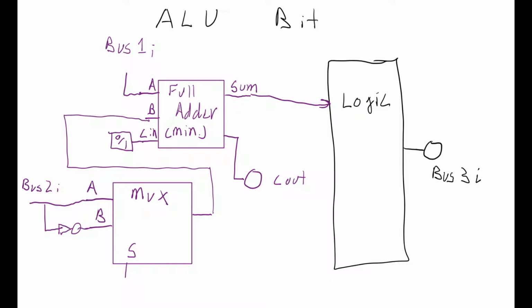And we can use fewer gates if we configure this adder so that when we want to add, it will add bus 1 and bus 2 together. And when we want to subtract, it'll subtract bus 2 from bus 1. And when we want to take the 2's complement, it'll take the 2's complement of bus 2.